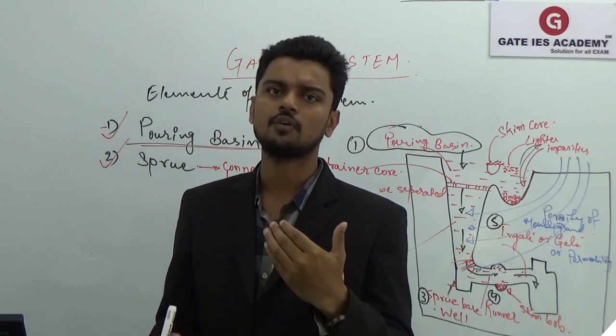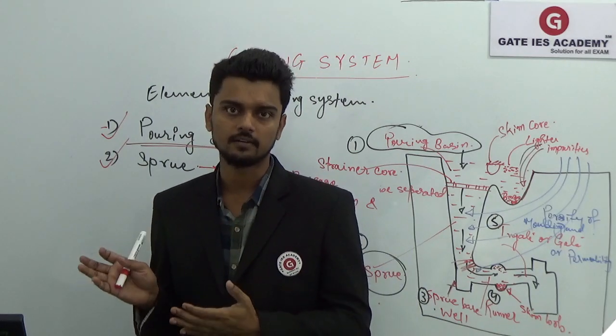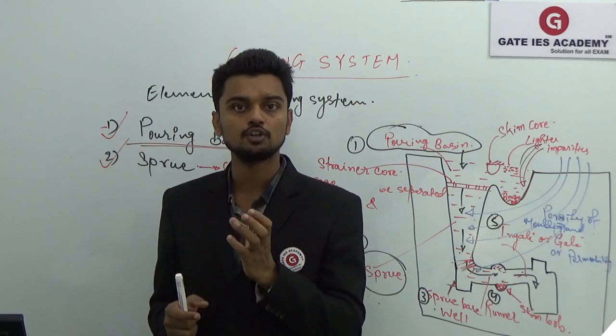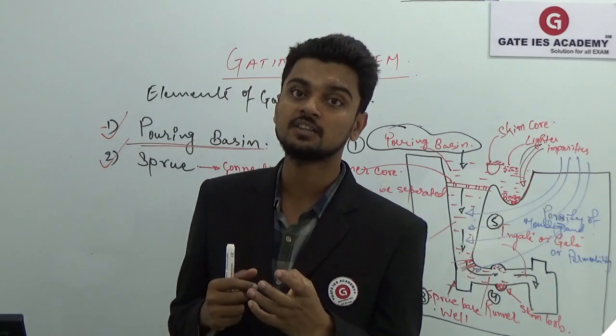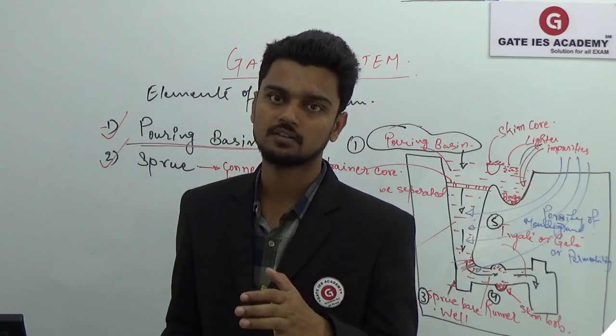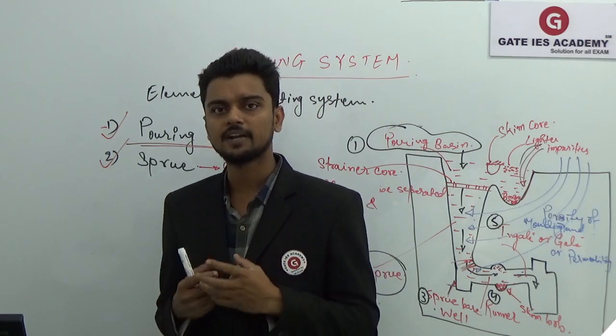It's a horizontal, uniform, trapezoidal cross section. Then the runner extension, we saw that. Some extension in the runner is given in order to separate the slag that is present in the first molten metal at the start of pouring the molten metal from the ladle. So it will separate the slag.